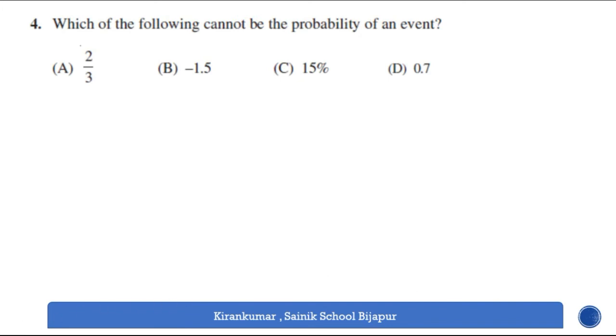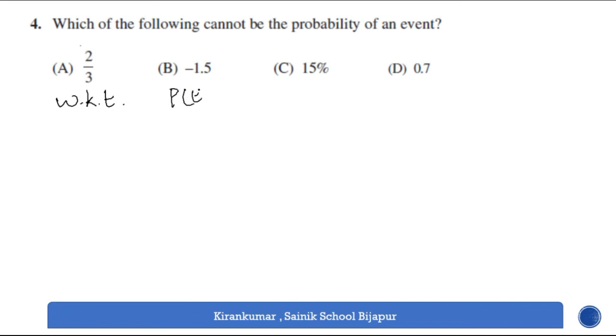Question 4. Which of the following cannot be the probability of an event? First one is 2 by 3, second one is minus 1.5, third one is 15%, fourth one is 0.7. The probability of an event is always greater than or equal to 0 and less than or equal to 1. That is known to us.